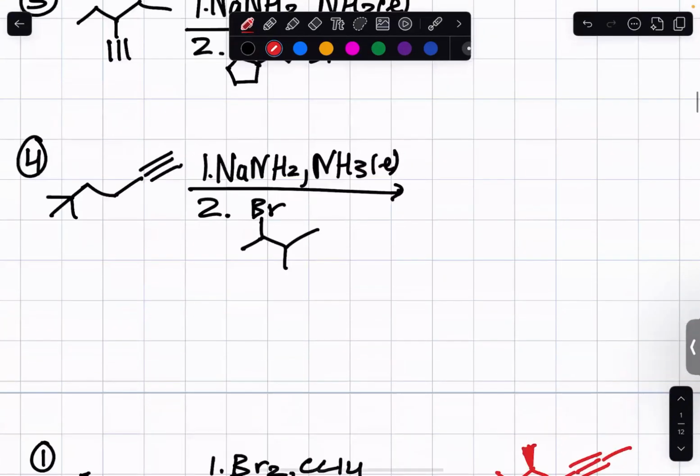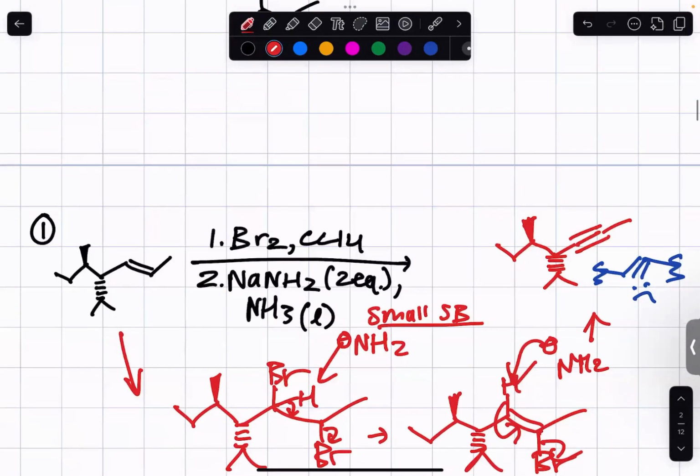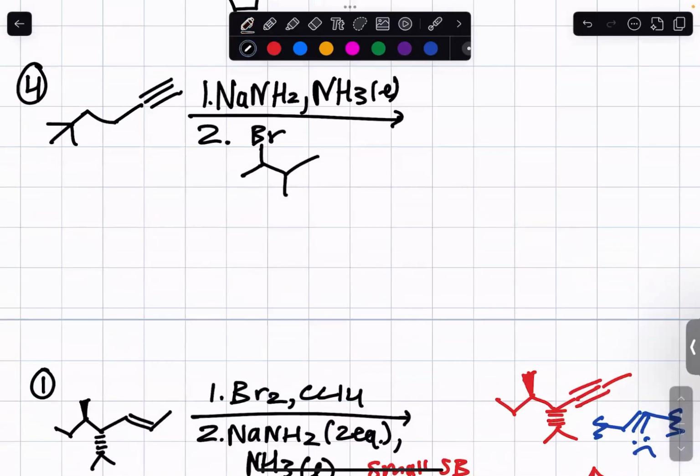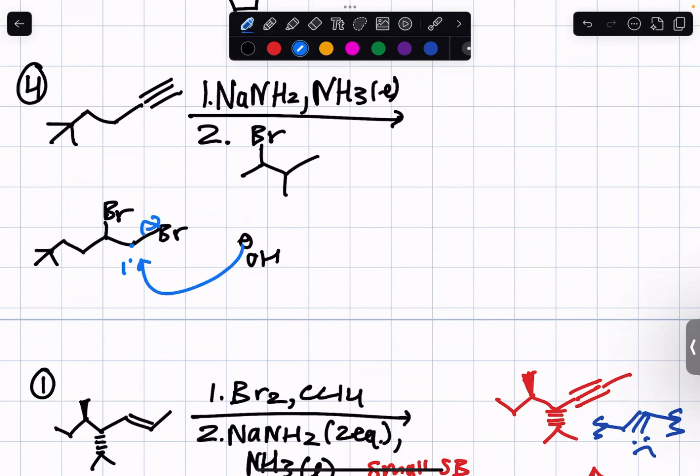I would use NaNH2, because for an internal alkyne, let's say we have this vicinal dihalide and we put OH minus. This right here is a primary substrate, which can do SN2 here, but I guess it would work because this is a primary, less hindered substrate. So, this is an internal alkyne. Yeah, if this was an internal alkyne, you could use OH minus as a base to make the alkyne.